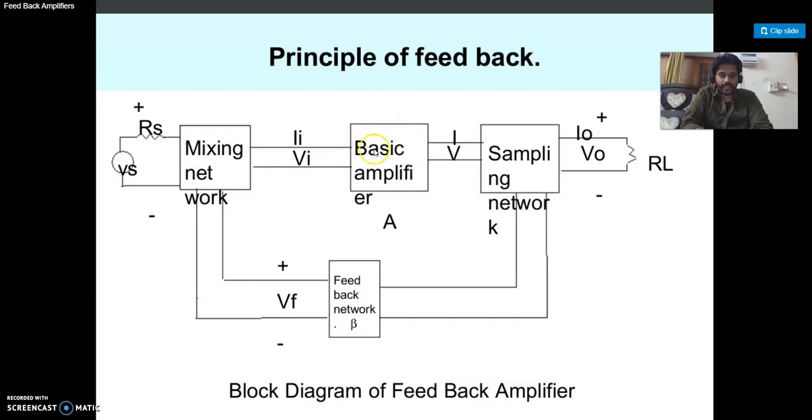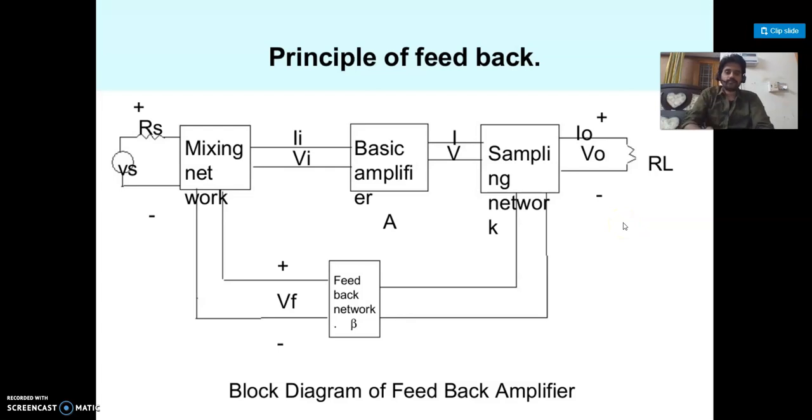First one is the basic amplifier, second one is the feedback network, next the sampling network, and the mixing network. All these elements constitute an amplifier section. The total setup is called a feedback amplifier.